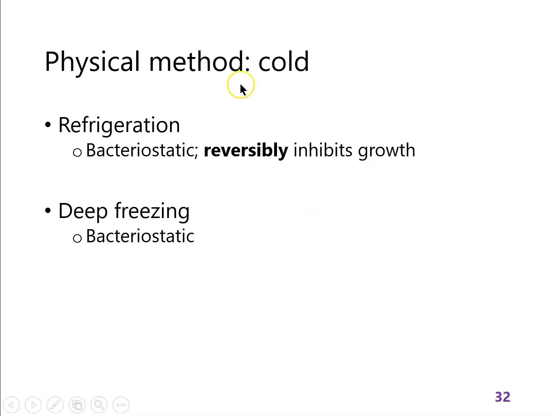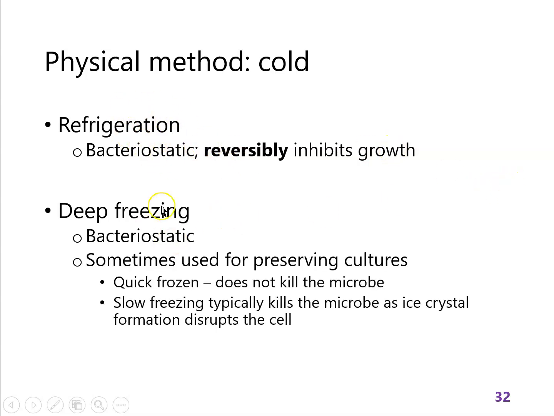I mentioned cold talking about milk and food products. Cold in refrigeration is bacteriostatic. Deep freezing, so something like minus 80 Celsius, is a temperature you never encounter on Earth outside of Antarctica, but we have freezers that get to those temperatures in laboratories.